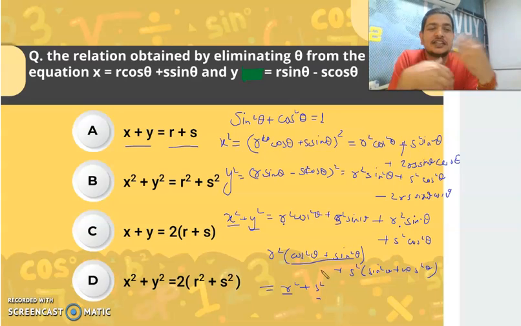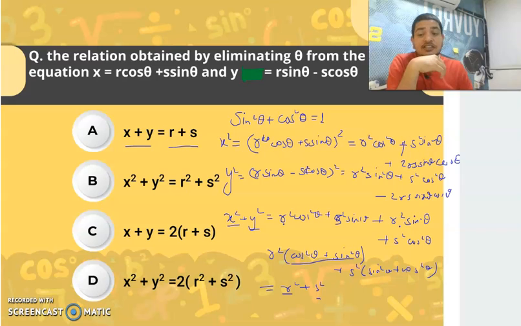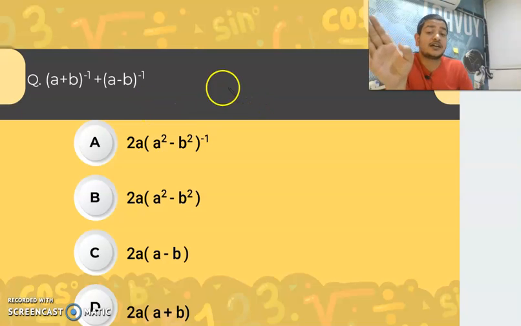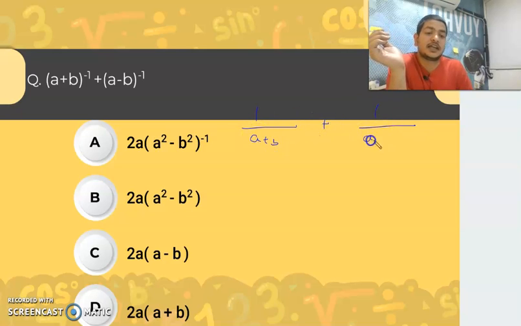Let's continue with the second question. The second question is just an algebraic identity which is given in a different form. It is written as (a plus b) power minus 1. So we can write it as 1 by (a plus b) plus 1 by (a minus b).